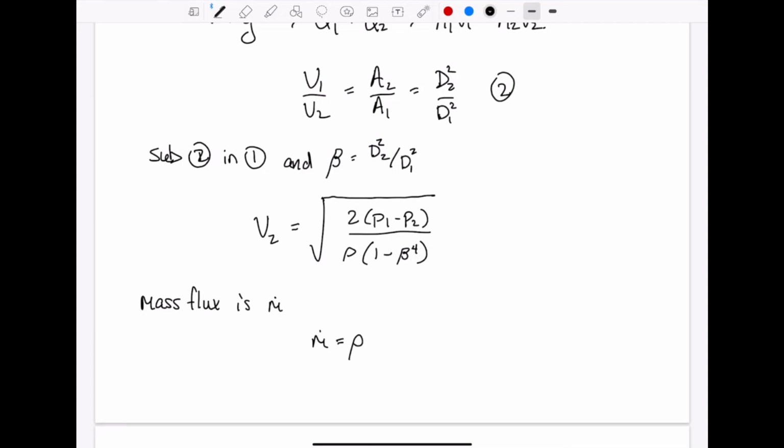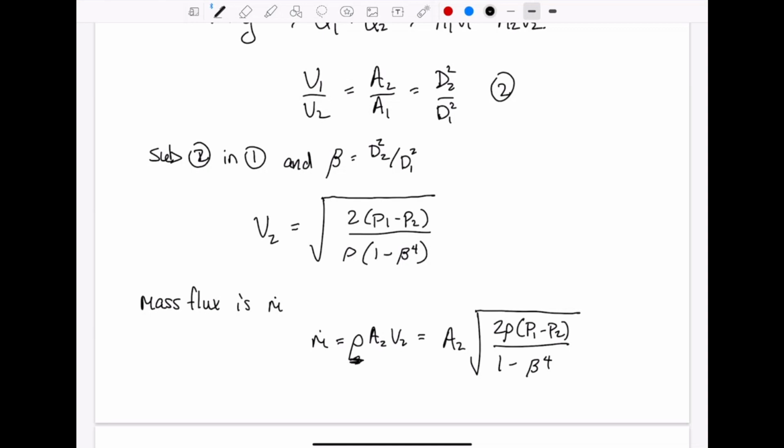So we think back to our definition of our mass flow rate, our mass flux, it's rho A2 V2, which is equal to A2 times the square root of 2 rho P1 minus P2 over 1 minus beta to the 4.